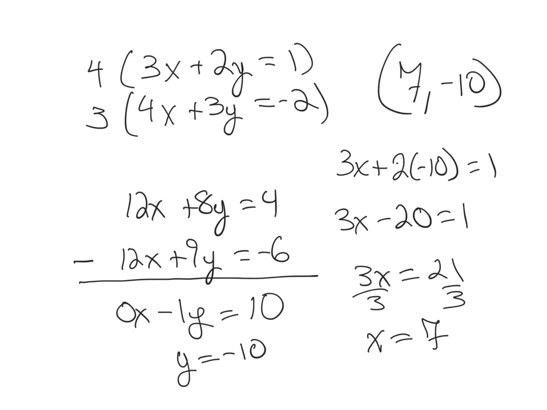As a reminder, if a system comes up with an untrue statement at the end, something like 0 equals 15, there's no solution for that.